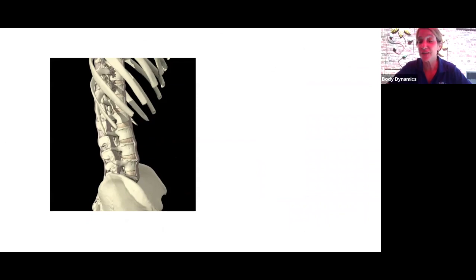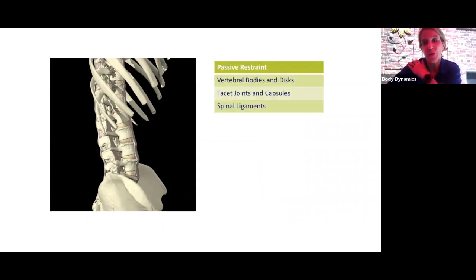So to understand the restraints that we're going to try and build, we have to understand how the spine is put together and what's the difference between a normal or stiff spine and a hypermobile spine. So let's talk about the passive restraints.